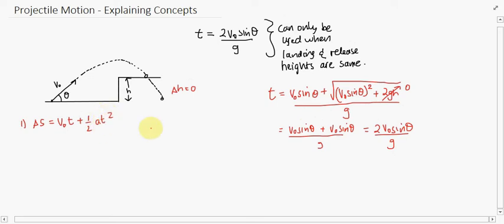We've seen this come up time and time again. Since we're talking about time in air, and time in air is proportional to the vertical velocity, we just look at the y-plane motion.